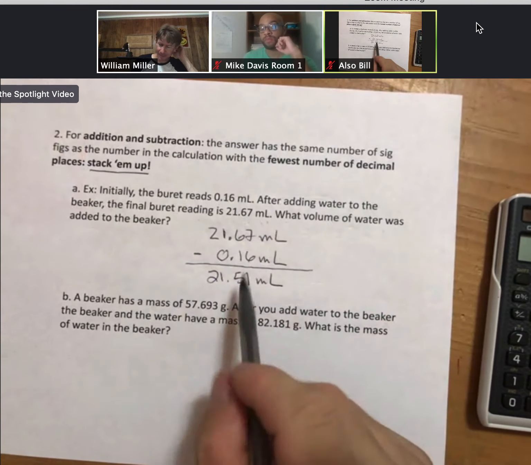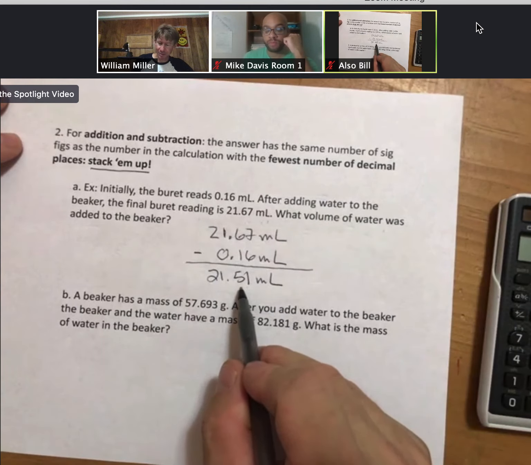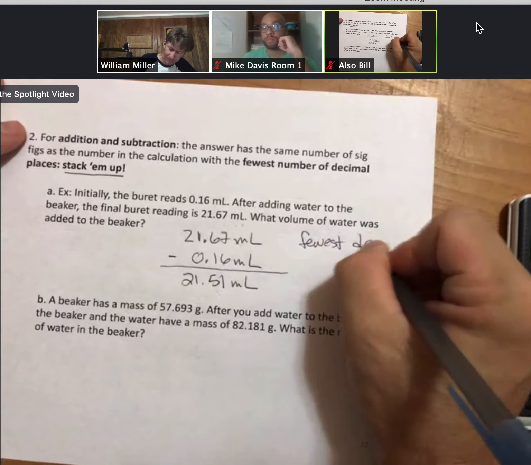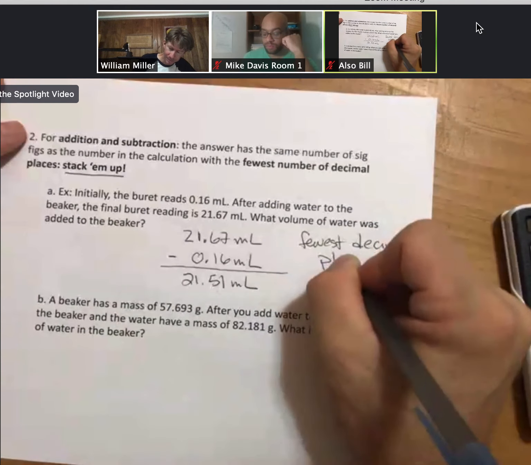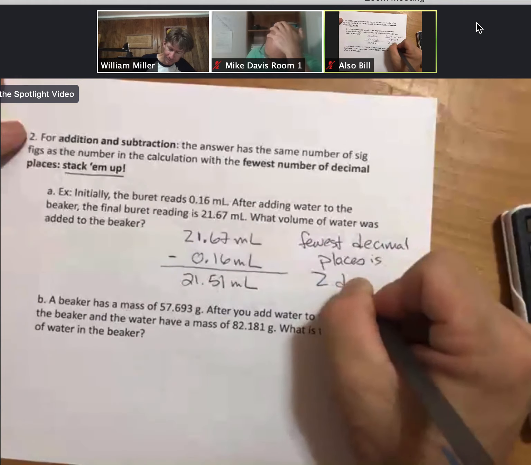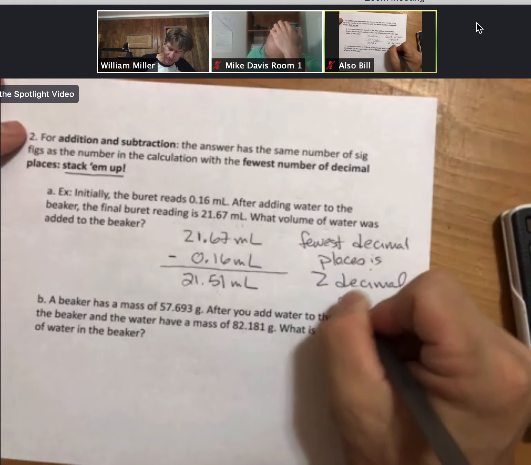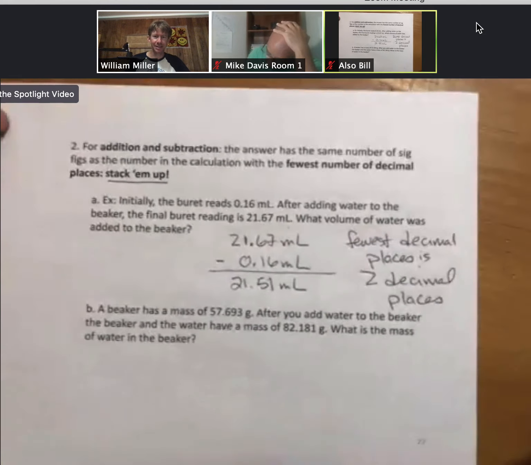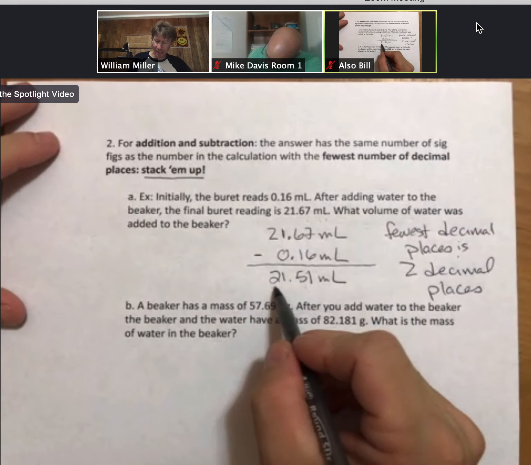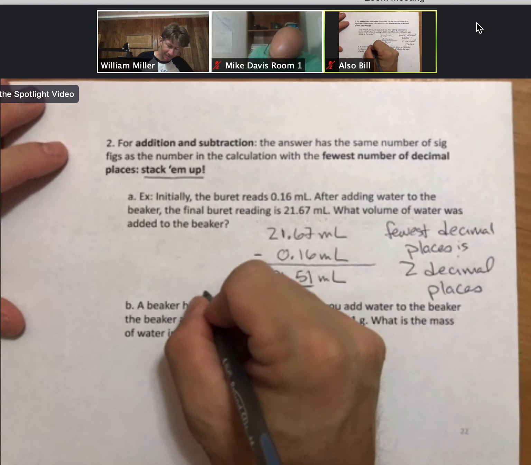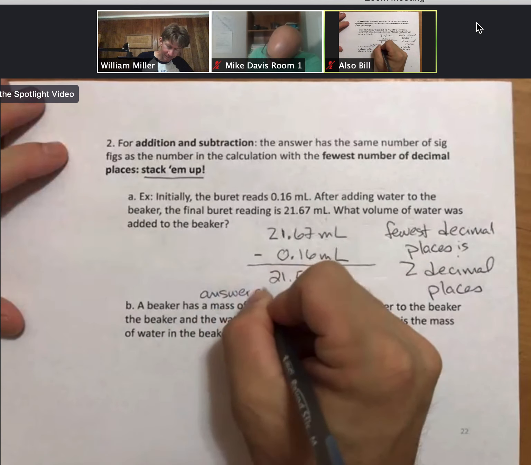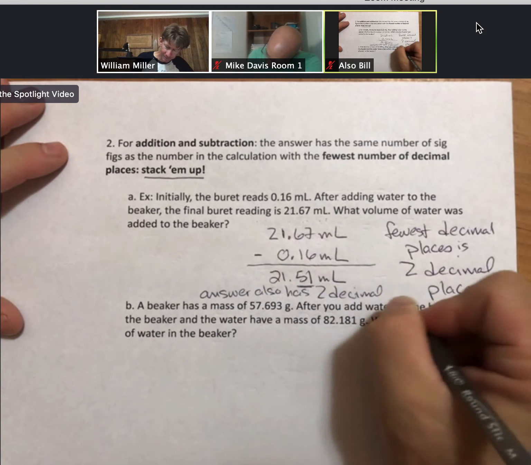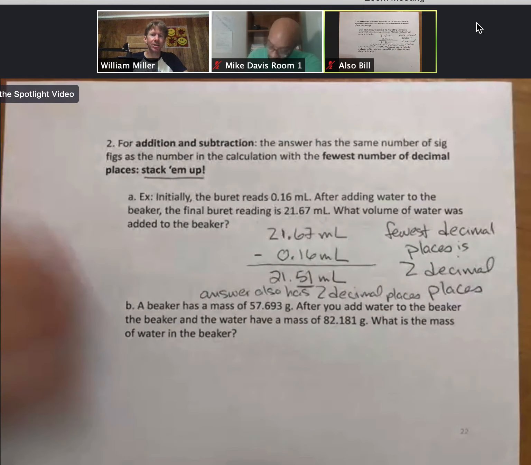But you'll notice that the fewest number of decimal places is 2 decimal places, and that means that your answer also has 2 decimal places.